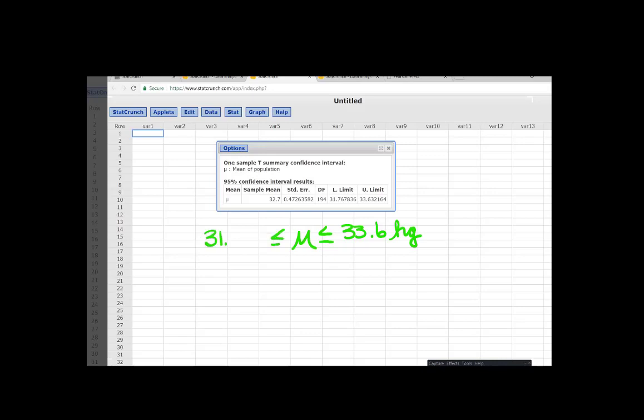And it has to be an 8, and that'd be hectograms. So that's how we would write it. We could also write it as an interval with a comma between it, and that's our 95% confidence interval using technology.